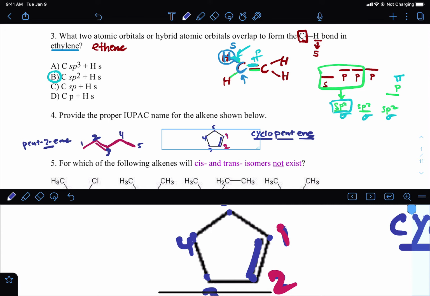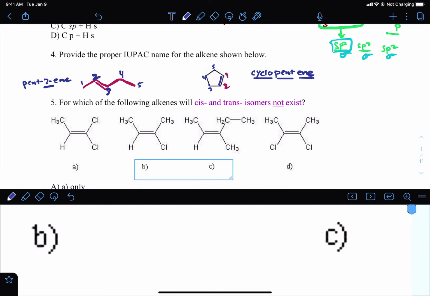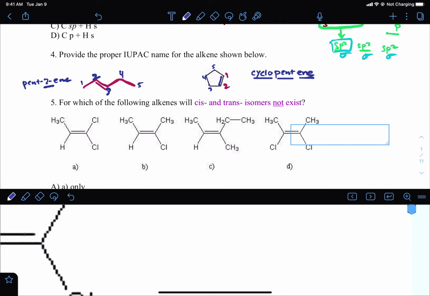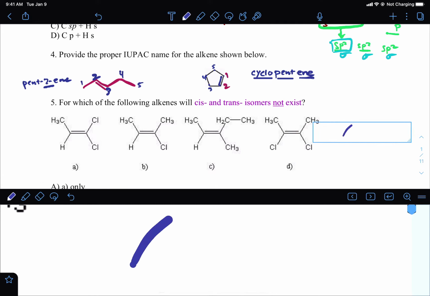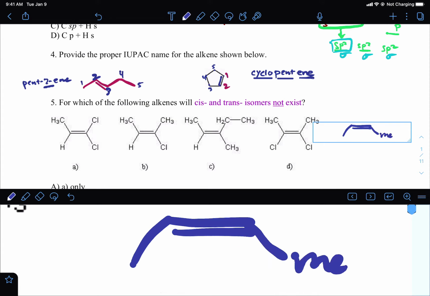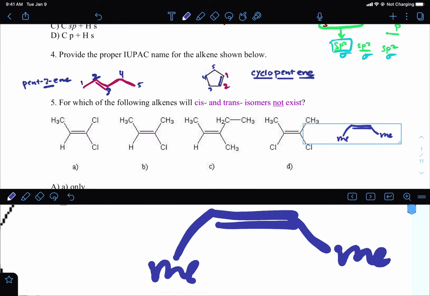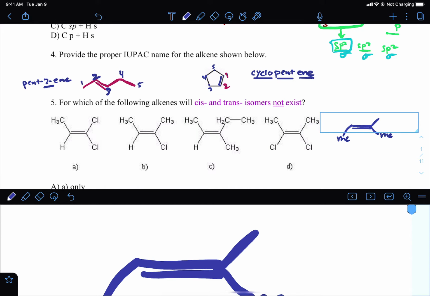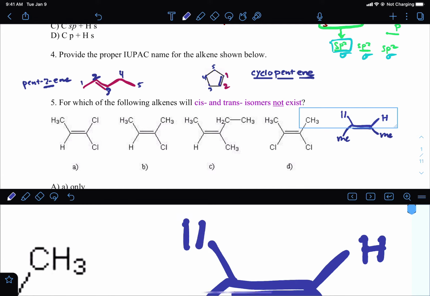Okay, number 5, for which of the following alkenes will cis and trans isomers not exist? So what cis and trans mean is when you have a double bond, let's say that we have a methyl group and a methyl group and a hydrogen and a hydrogen.